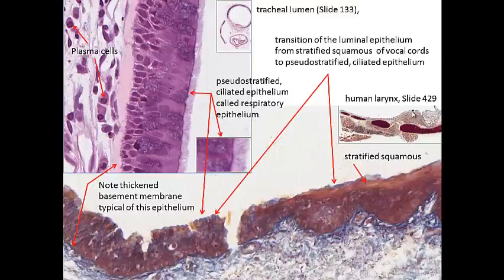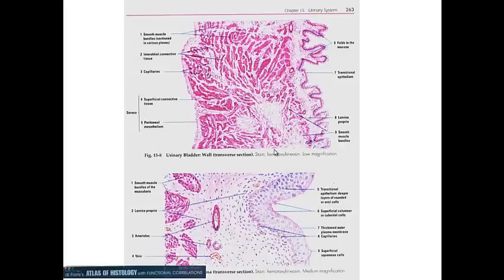And so in order to withstand the mechanical stress of vibration of the vocal cord, you have to have stratified squamous epithelium. Other places you have pseudostratified columnar epithelium called respiratory epithelium. That is, until you get to the lungs, and then you can have simple squamous epithelium.